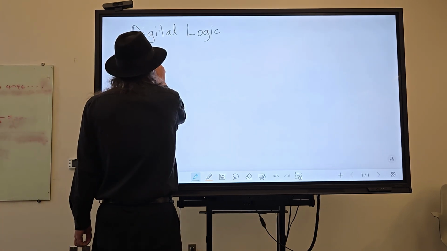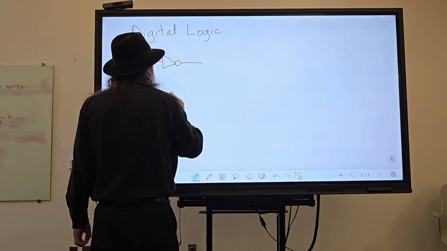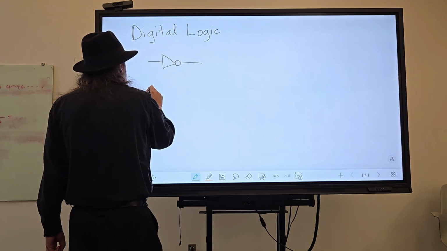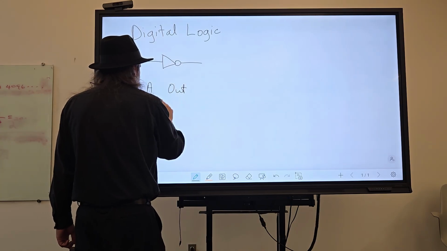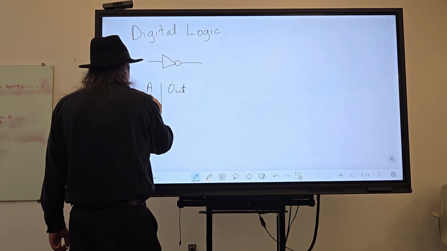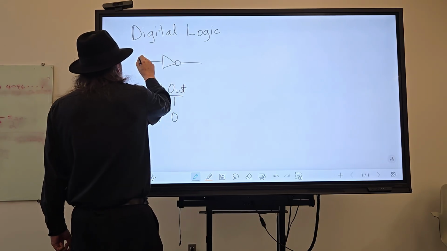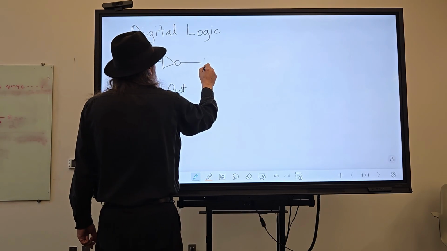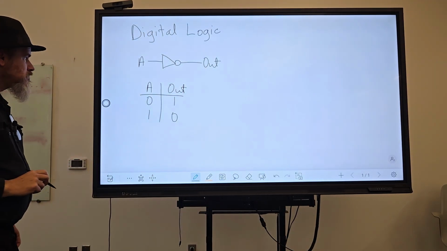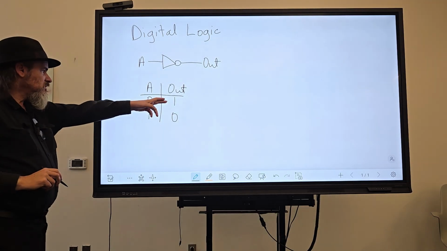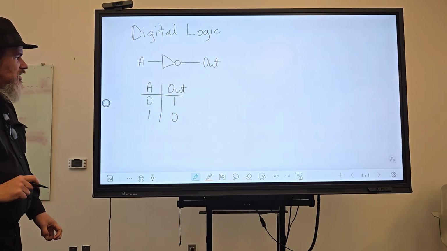First is the inverter. The state table for that. Pretty simple. If it's low going in, it's high coming out. If it's high coming in, low going out.